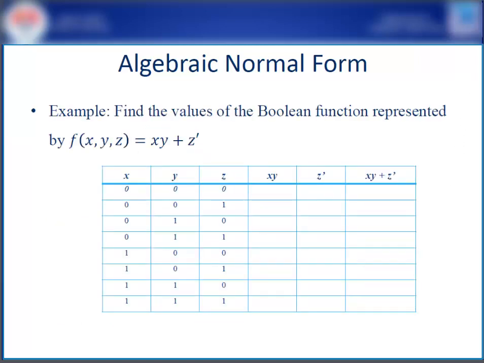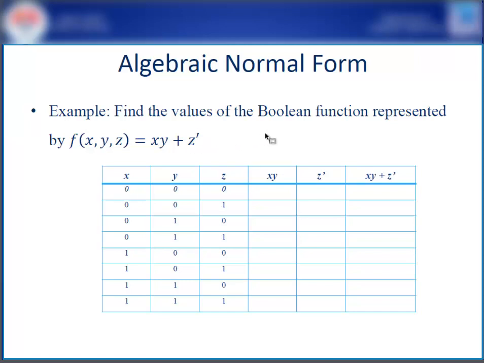So let's consider an example of finding the values of a Boolean function, which is represented by the algebraic normal form x multiplied by y plus z prime. Here z prime means the complement of the element z.